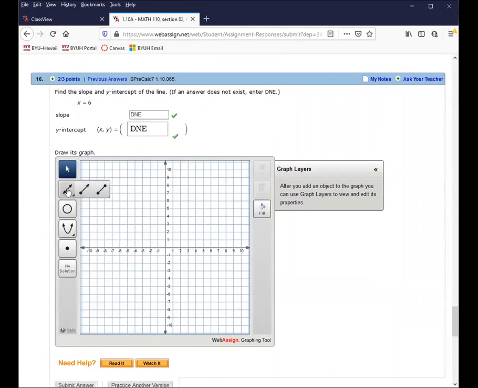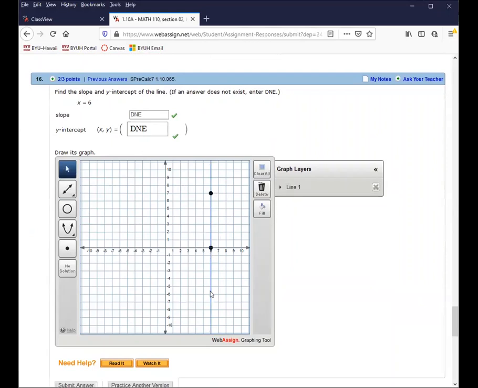So again, you select the line tool, of course, and then x = 6. So x equals, here's 6 right here on the x coordinate. Anything on this vertical line here will have x = 6. So just choose a couple of points that are on this vertical line.